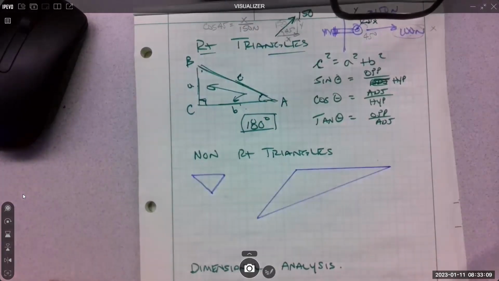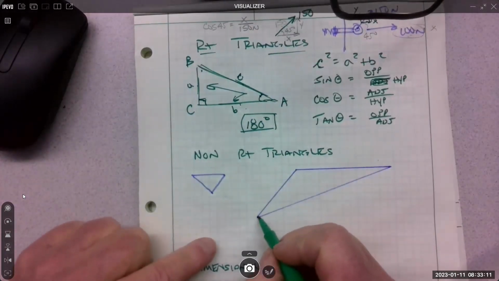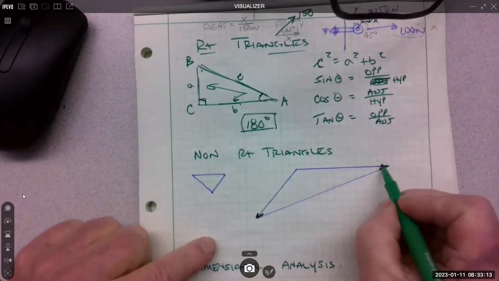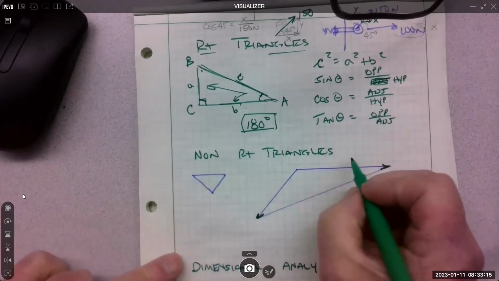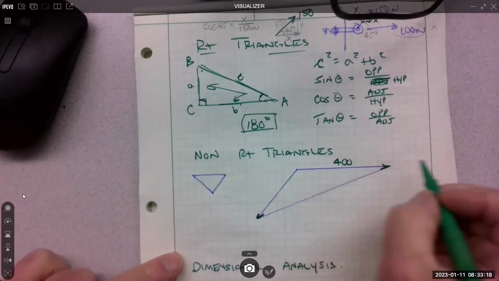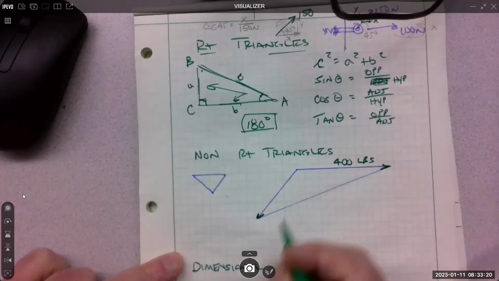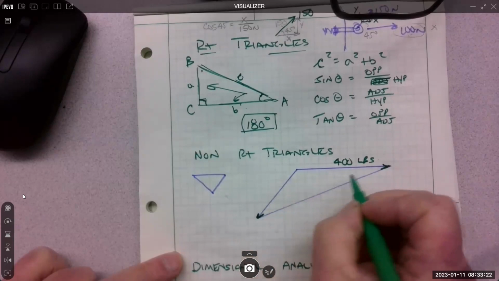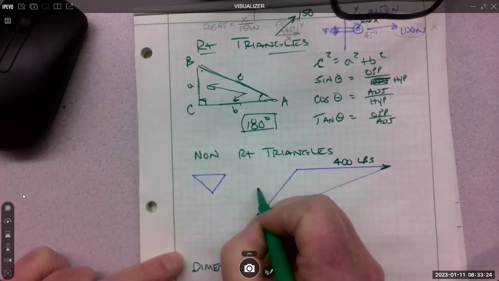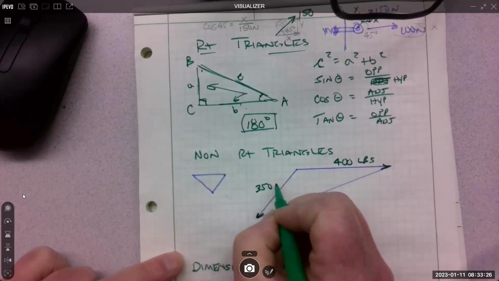So if this is the system that we ended up with, and I'll actually just put some vectors on it, we'll say this is 400 pounds, and we'll say this is 350 pounds.